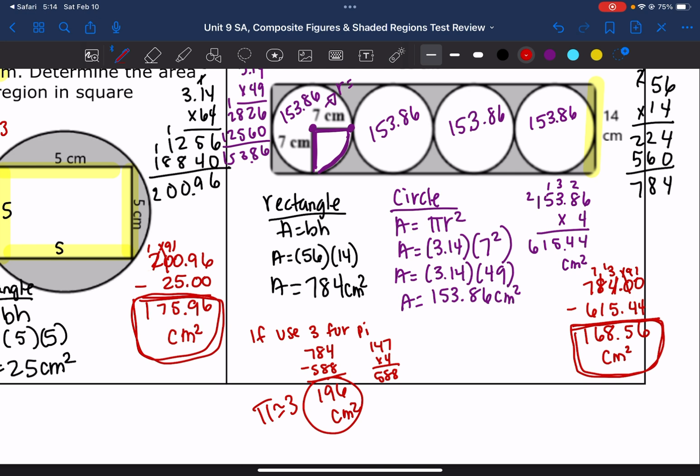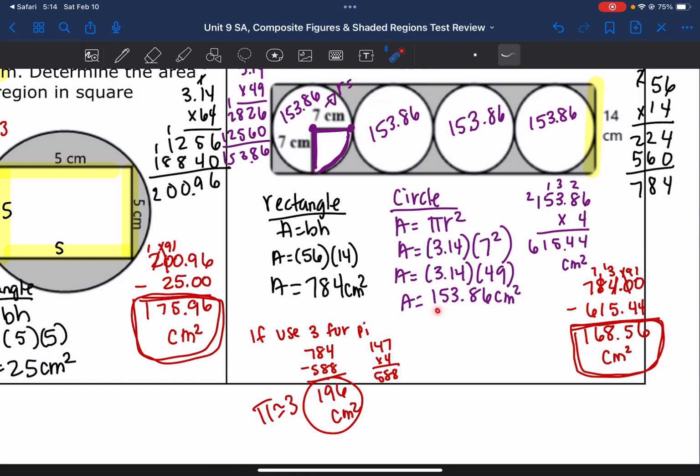Okay, this one's a little bit more weird, but that is going to be because if you look here, I want to talk about this, okay? If you look here, we get 588, but over here we got 614, because this circle is the only thing that is going to give you, this is the only part where we're using 3.14 or 3.